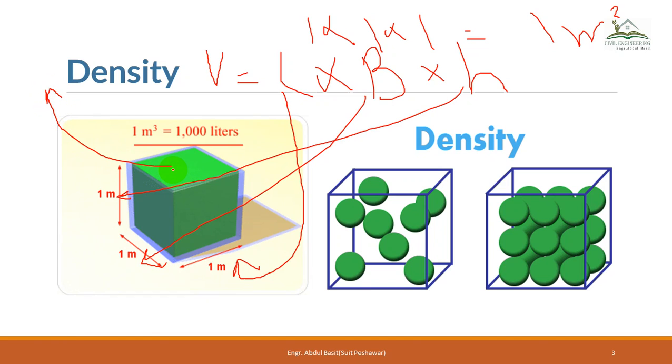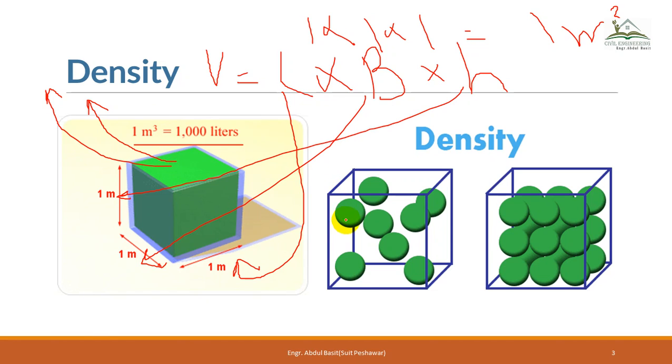If it is oil and oil is filling this cube, the mass of the oil that fills this cube will be equal to the density of the oil. If it is some other substance, it will be the same. So you can say this unit volume is filled by any substance, and the mass of that substance will be equal to that density. So this actually means mass per unit volume.